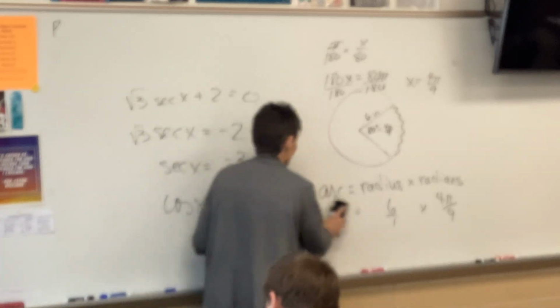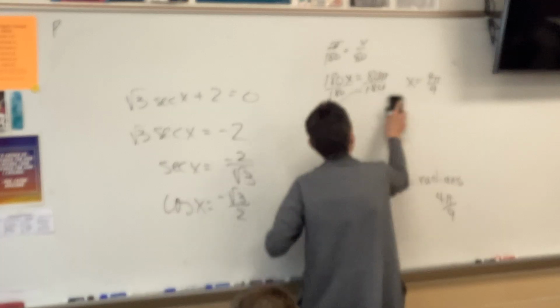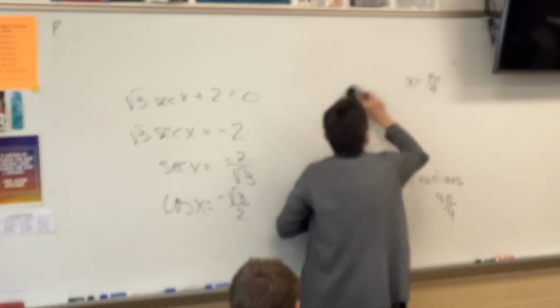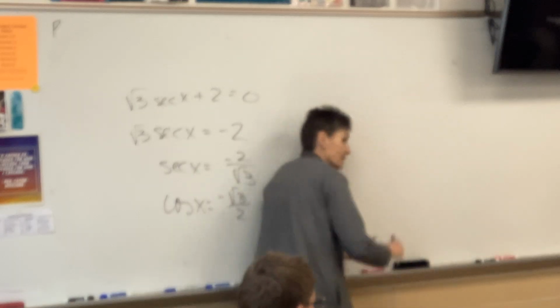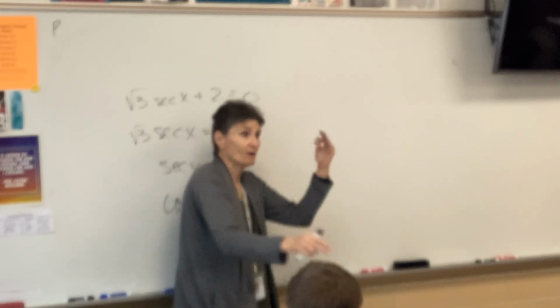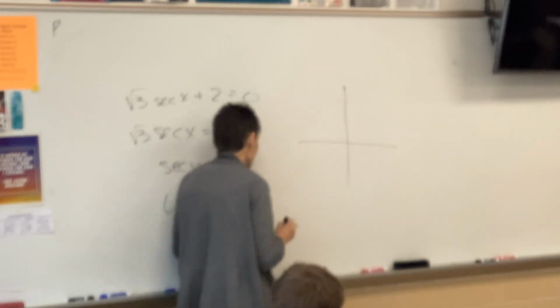This is by hand. This is no calculator. So I need to figure out where to draw my triangle, and then I have to figure out what my angle is. Remember, boys and girls, if we don't have a calculator, what is our angle going to be? Pi over 6, pi over 3, or pi over 4? Those are your options. So which quadrants am I in?